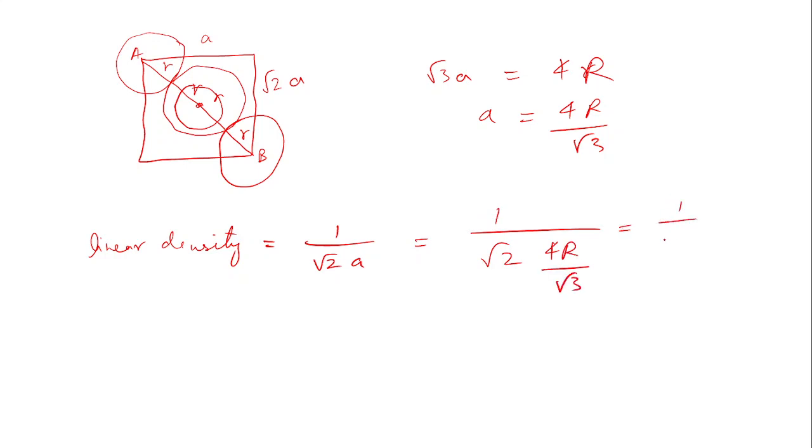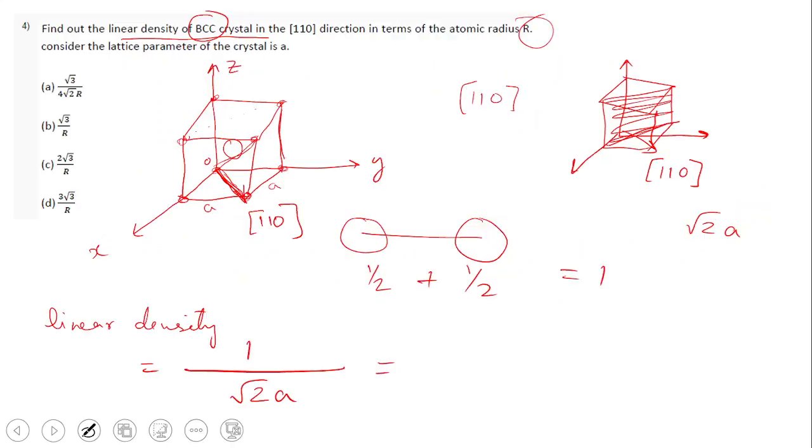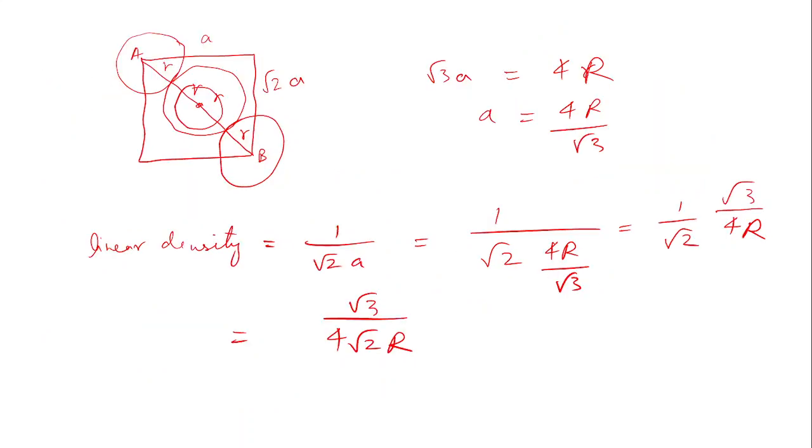This will become root 3 divided by root 2 times 4R. So our answer will be root 3 by 4 root 2R. So answer A is the correct option.